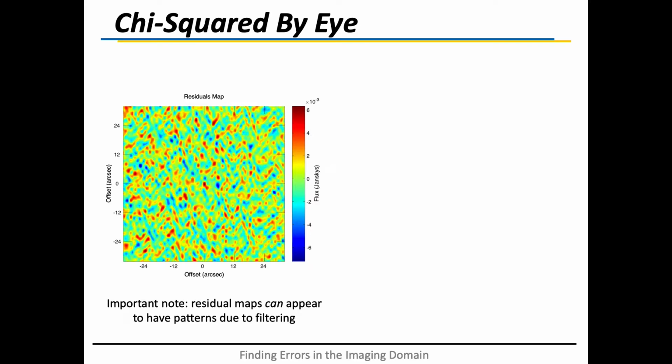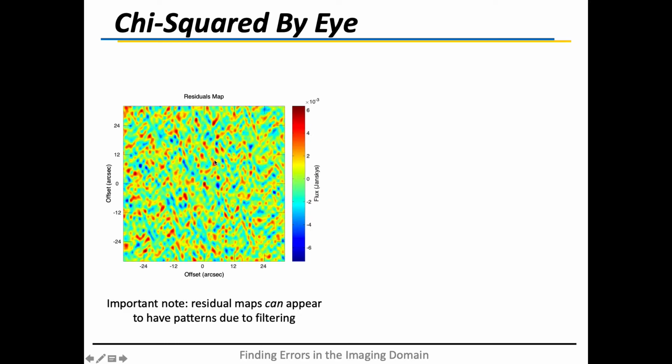So when you create a dirty image, you only have certain modes of information in your map. If you have lots of short baselines but no long baselines, you'll notice that these noise blobs look very fat in size. Whereas if you have lots of long baselines and not a whole lot of short baselines, you'll notice a lot of high frequency, very small structure where things are somewhat correlated in adjacent pixels.